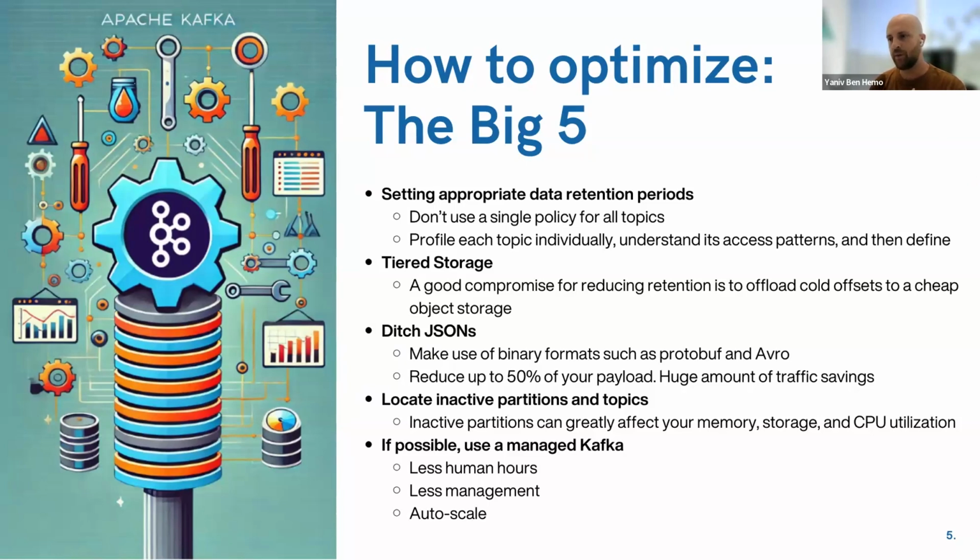So if we feel a bit unsure about reducing our data retention because some connector or some replicator might occur on day 4 or day 5, it would be good to, again, not lower the retention, but at least activate tiered storage and make the proper calculation based on the profiling of each topic individually, and offload cold offsets from hot offsets.